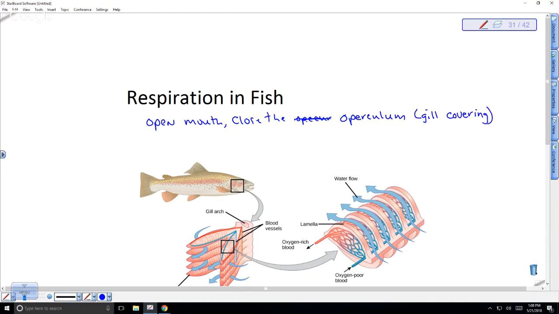Okay. So this is where water moves in to the mouth. Okay. Then they close their mouth, open the operculum, and water moves out across the gills.